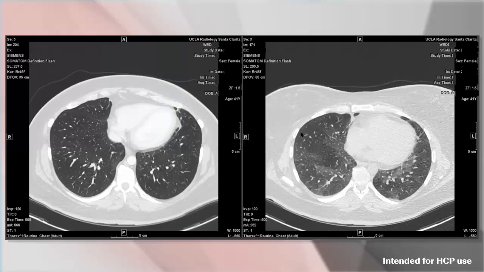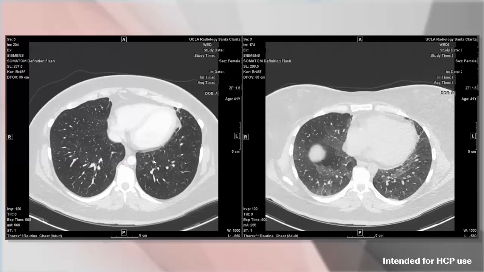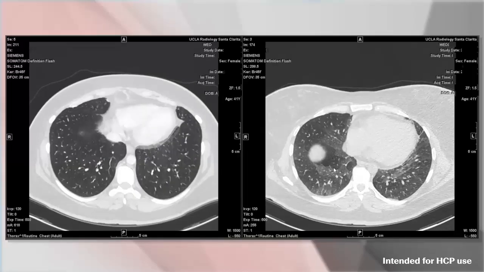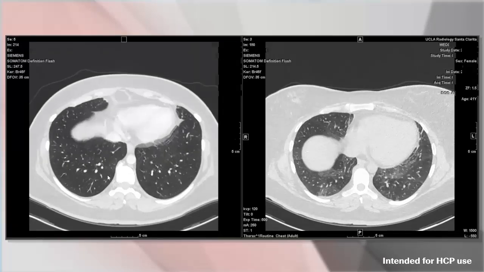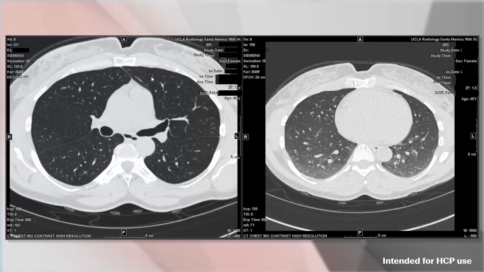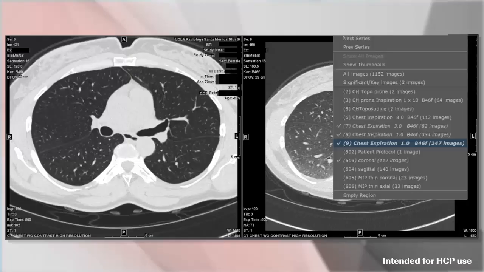So these dark areas are holding on to the air while the gray areas are forcing out the air and becoming grayer. And so here's a really nice example, especially in the right lower lobe here, of significant small airways related air trapping.